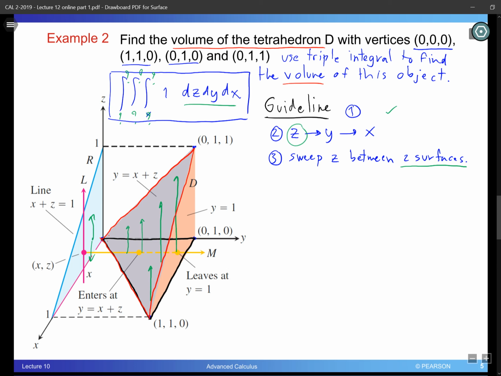I know it's kind of hard to imagine, but try. Think of this black surface as the base, and then the red surface right here as the top.